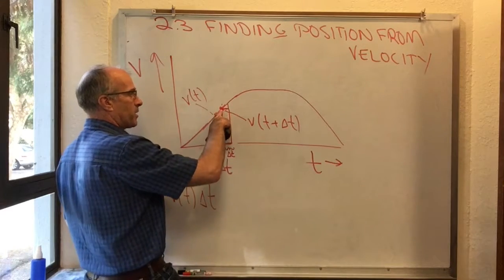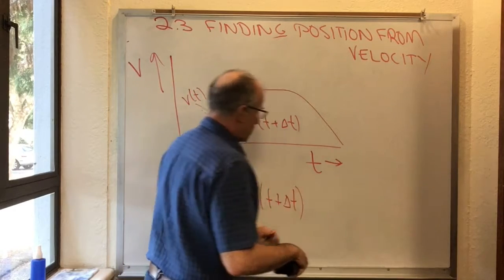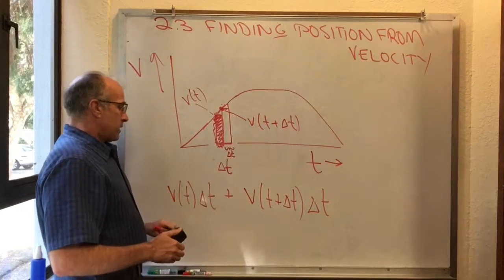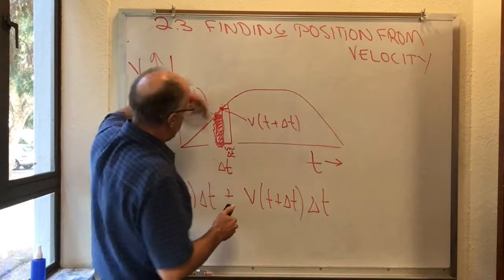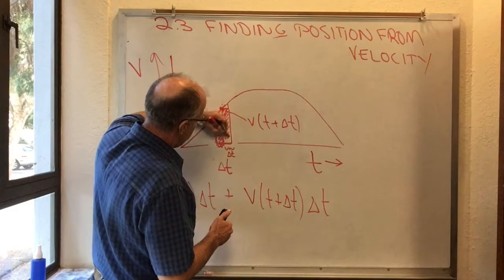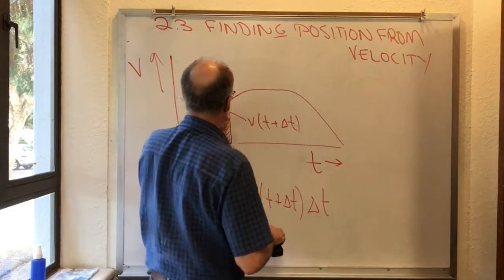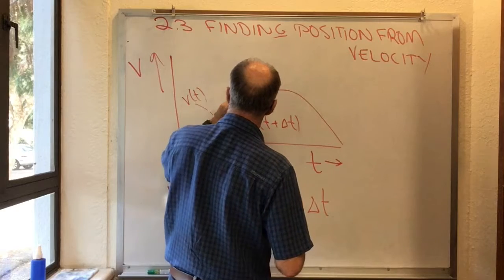Well, at the left edge, they were going v of t plus delta t. They did that for another delta t of duration. So that's their additional distance traveled, which has the interpretation of being that. Now, you just keep on going like this, breaking this thing up into chunks of delta t in width.